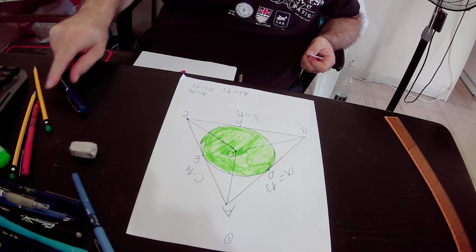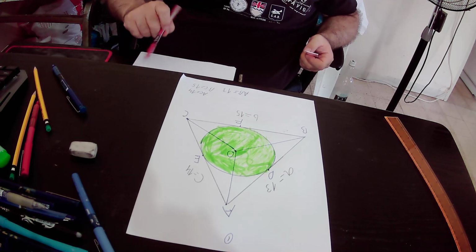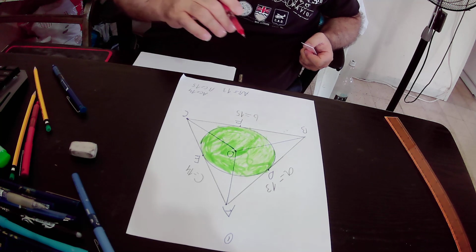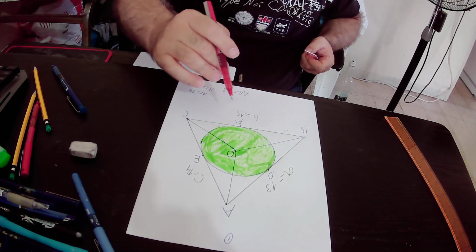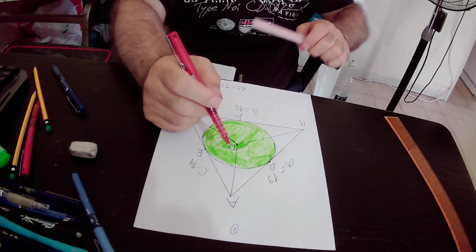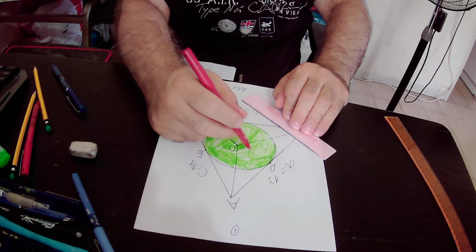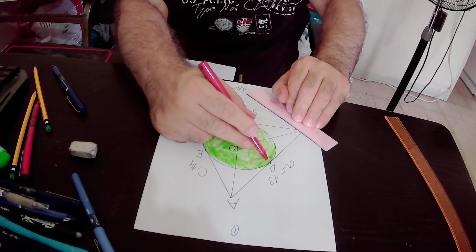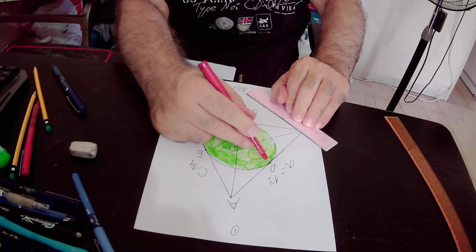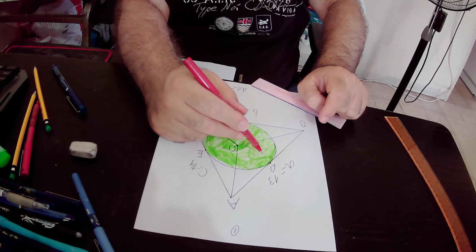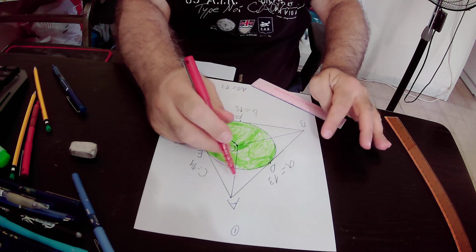In the next step, we will draw 3 radiuses of the green circle. The radius exits from the center of the circle, that is point O, and touches the circle at point D, that is the touch point between the circle and its tangent AB.